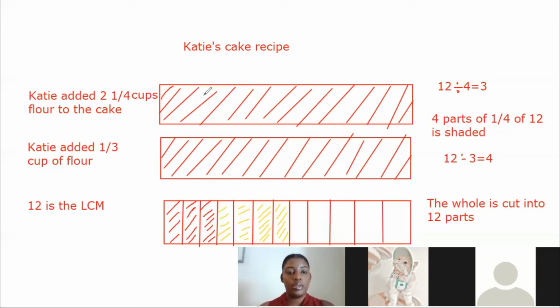So we can say 2 wholes. Write the description now. Katie added 2 wholes and 7 out of 12 cups of flour to the recipe.